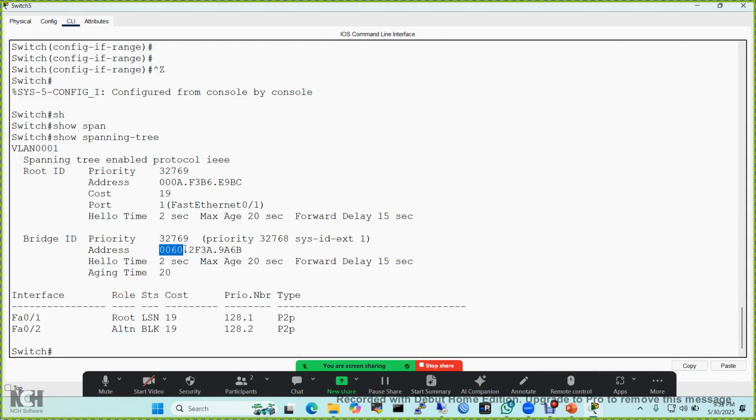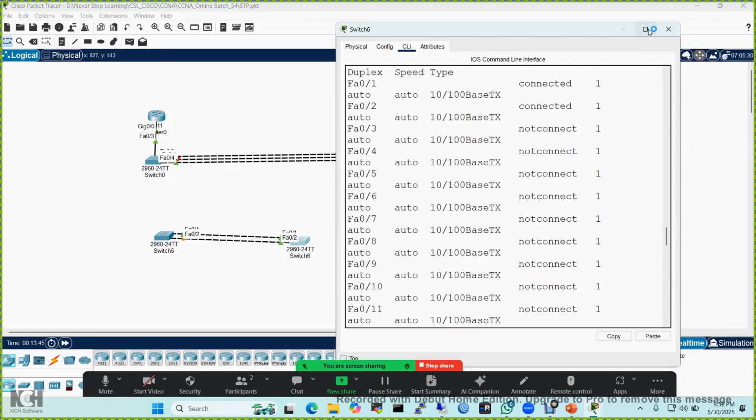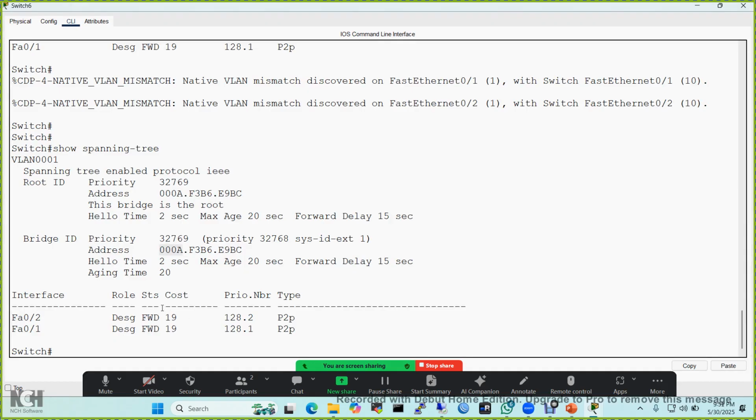Yeah. Which one is the lowest, 60 or A? I think this one. No, not this one. This one is 60. A means 10 only. Okay, which one is the lowest, 10 or 60?